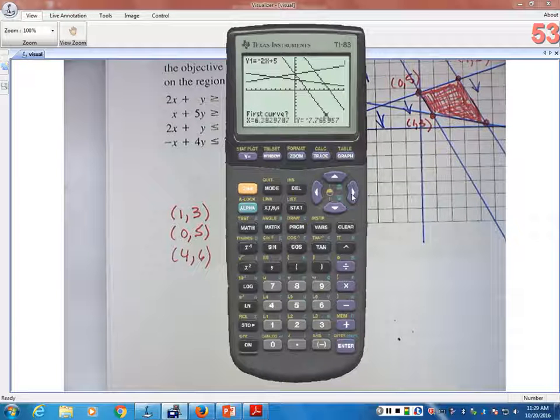Move it out where I'll actually find the one I want. That's not it. That's one of them. And that's the other one. So there's the 0.62.